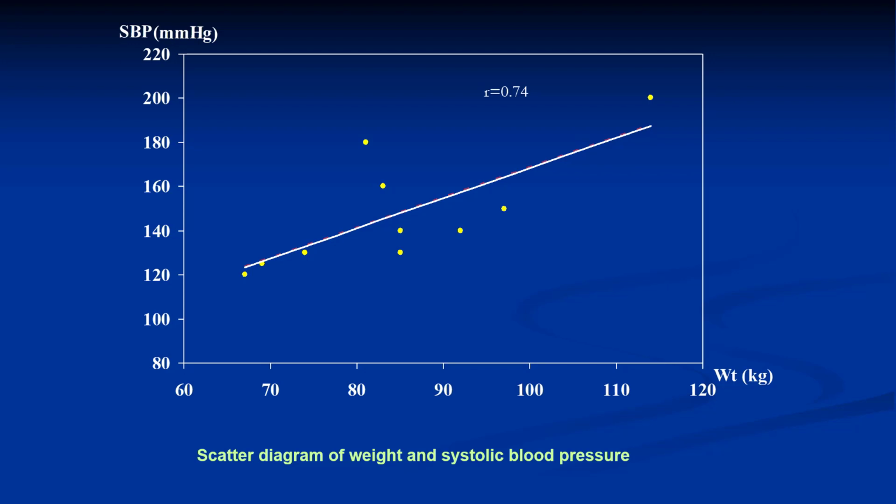From the correlation coefficient Pearson's R, we can learn whether the relation is positive or negative. In this case, the systolic blood pressure increases with increasing weight, so Pearson's R should be positive. We can also see that the correlation is relatively strong, with R equal to 0.74.